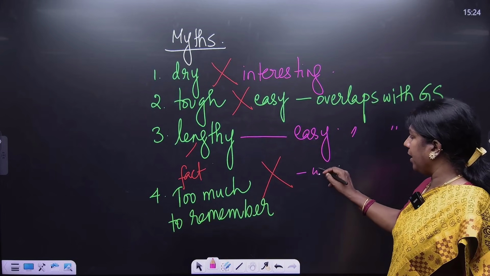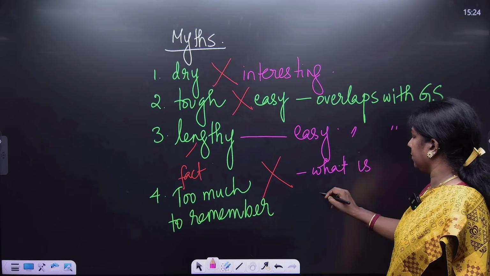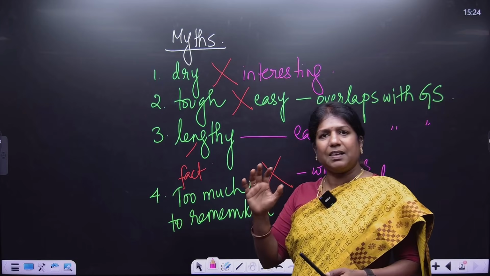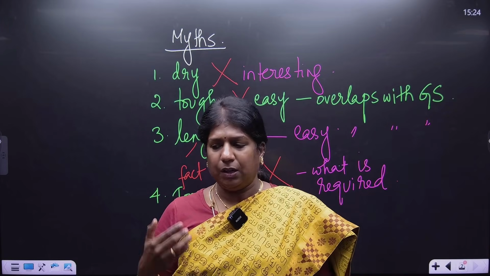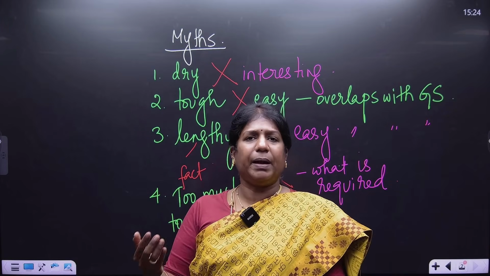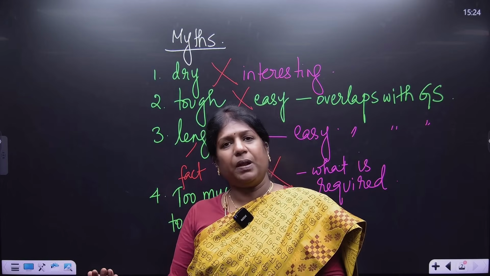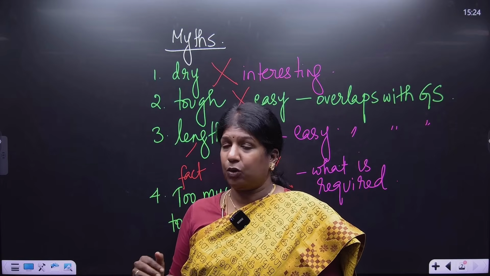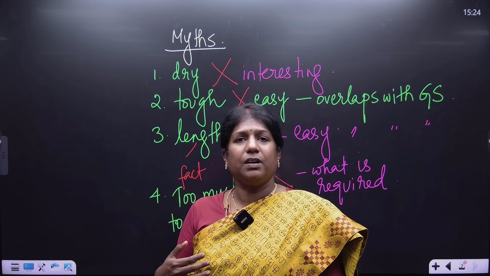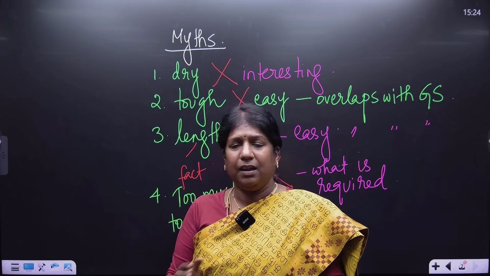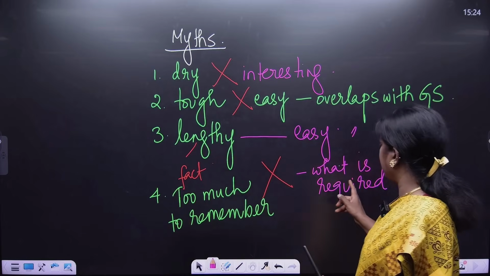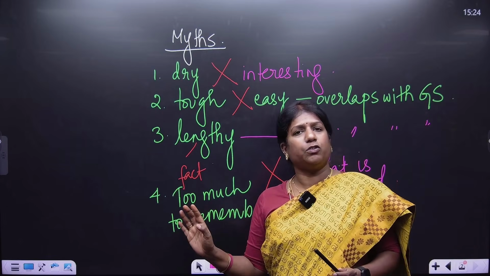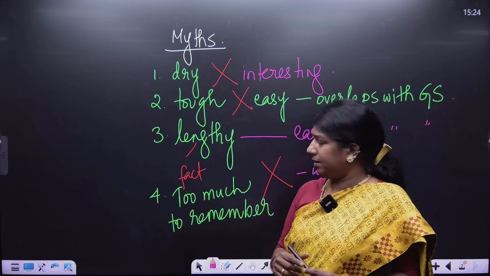Again, as I told you, you should know the third battle of Panipat took place in 1761. You need not know the month and the date. As optional students, it's not necessary that you write the month and the date, which is again a misconception students have. Study what is required. It is not too much to remember. You have to be limited.